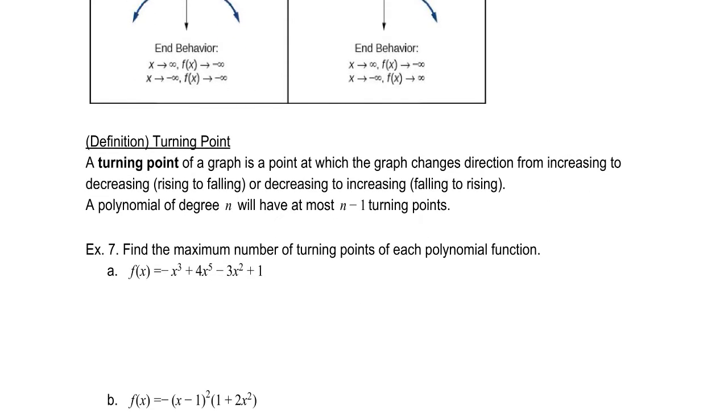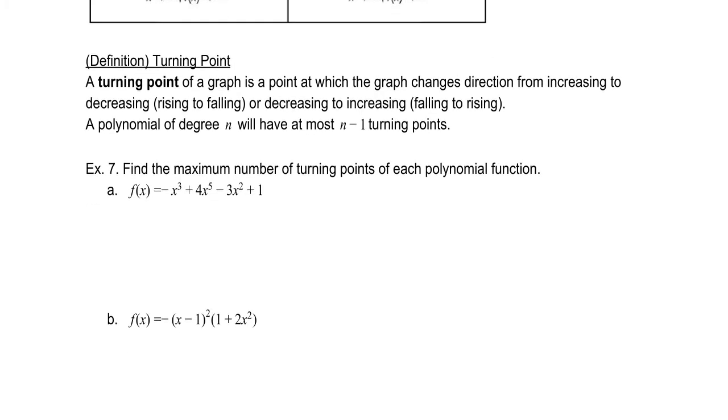All right, a turning point of a graph is a point at which the graph changes direction from increasing to decreasing, rising to falling, or decreasing to increasing, falling to rising. Now, a polynomial of degree n will have at most n minus 1 turning points. So let's determine these very quickly.